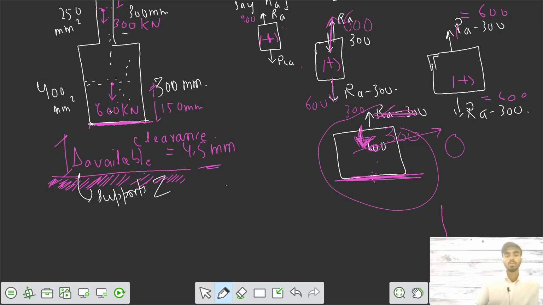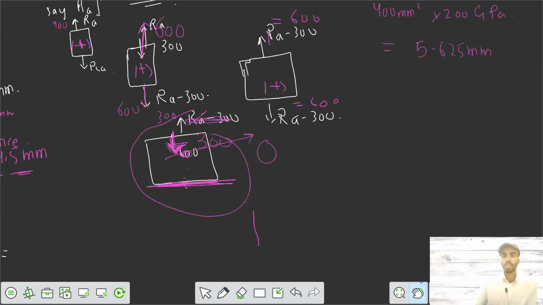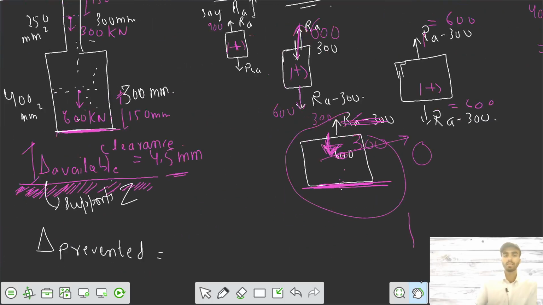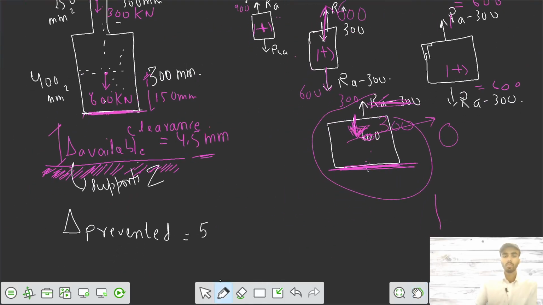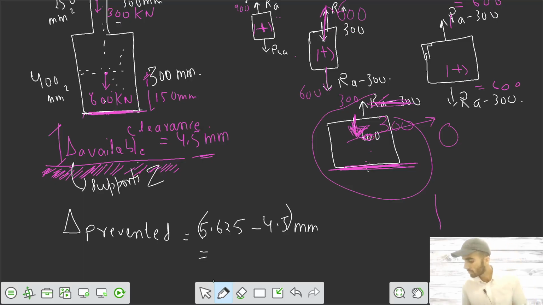So we can say delta prevented, the deformation that has been prevented, equals 5.625 minus 4.5. This amount of displacement or elongation has been prevented. How much does it come out to be? 5.625 minus 4.5, 1.125 mm.